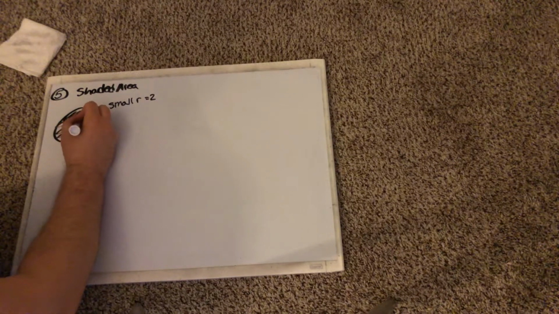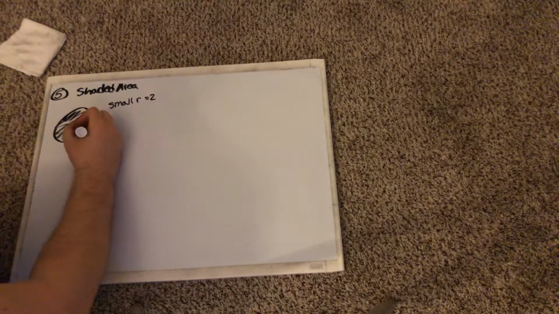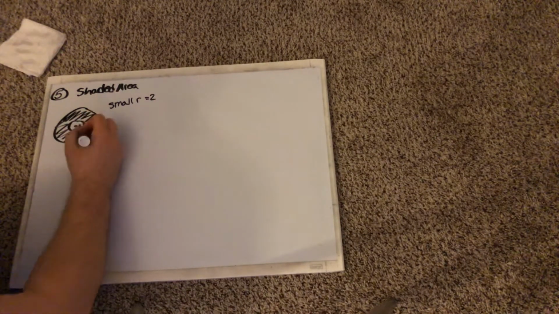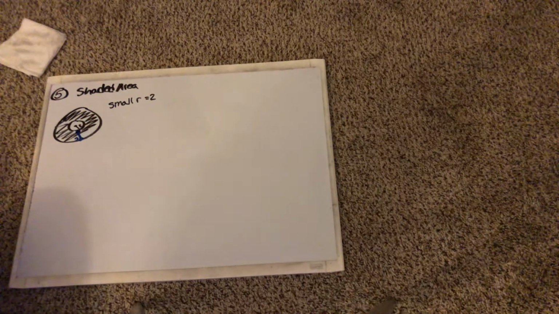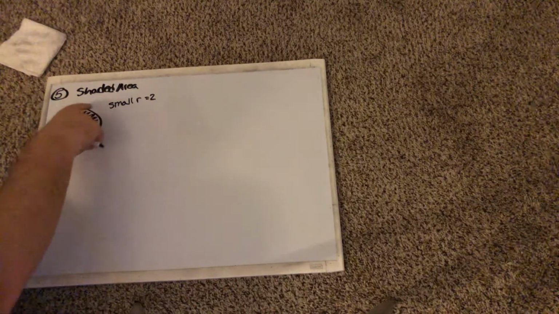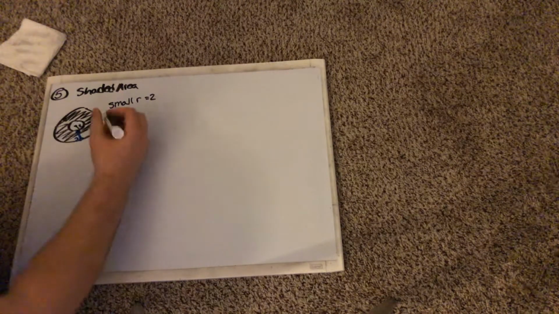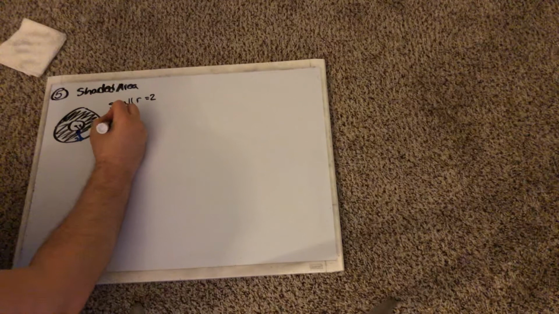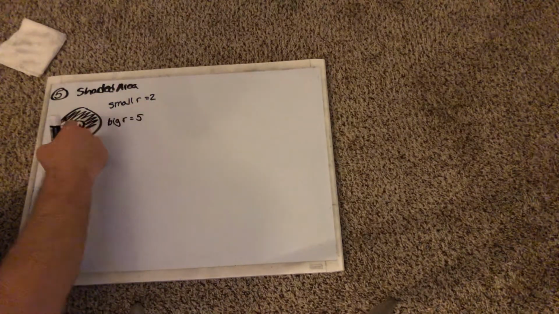From right here to here is 2. And then from here to here is 3. So if I'm saying this whole thing combined, the radius would be 5. Because 2 plus 3 is 5.